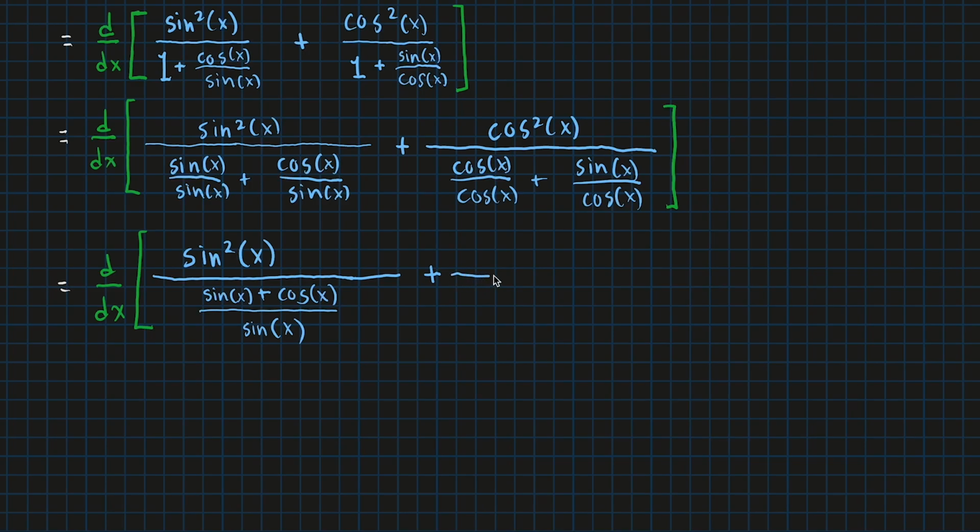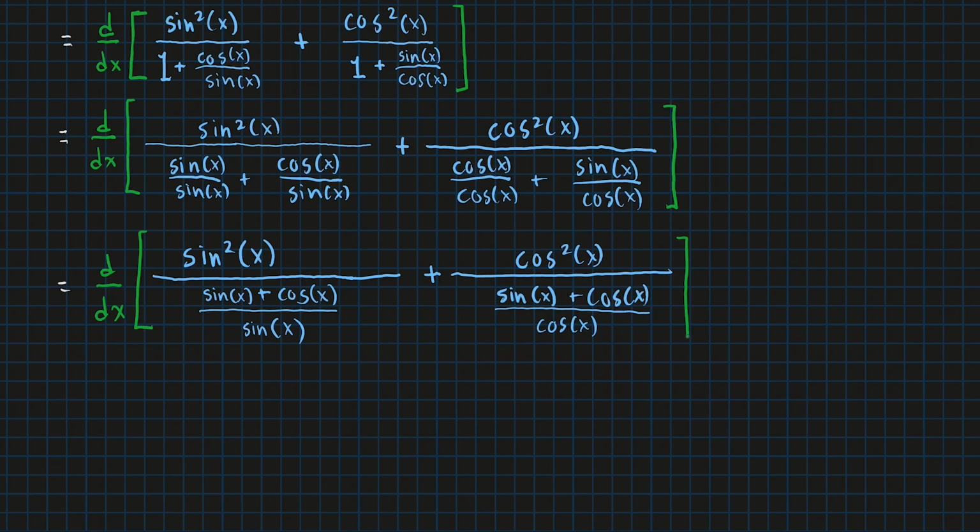And here we've got our cosine squared of x still in the numerator. And let's just switch the order of this so that it matches this one. We have sine of x plus cosine of x over our common denominator, which is cosine of x.